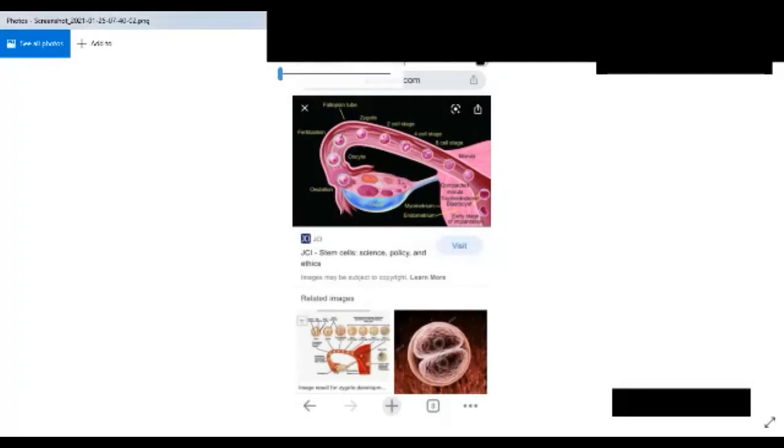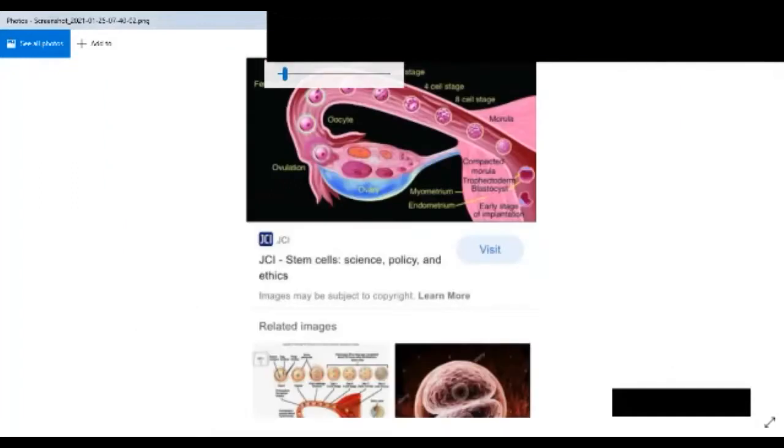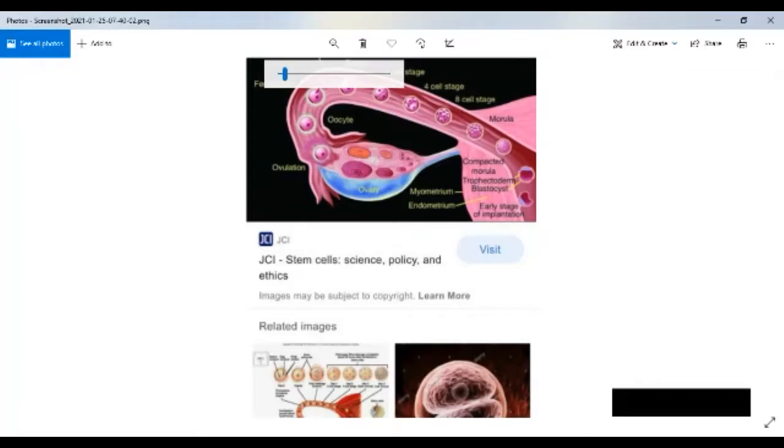The ovum is produced from the ovary during the ovulation time, and this ovum fuses with the male gamete, that is sperm. So the male and female gametes fuse together to form the zygote.